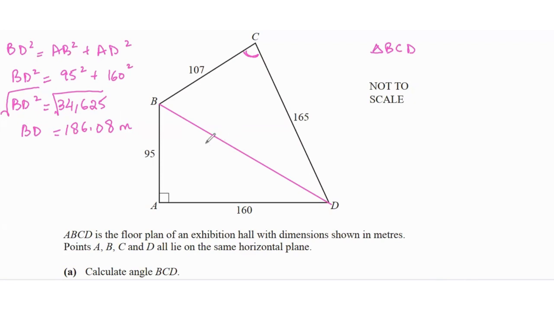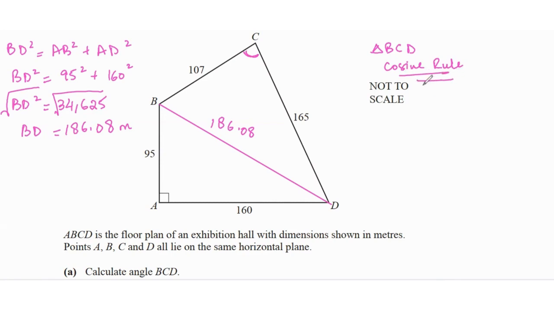Now we find the angle C. To find angle C, we can see that we have a non-right-angled triangle and we have all three lengths given, but no angle. So this meets the condition for the cosine rule. In the cosine rule, either you need two lengths and the angle between them, or you need all three lengths.